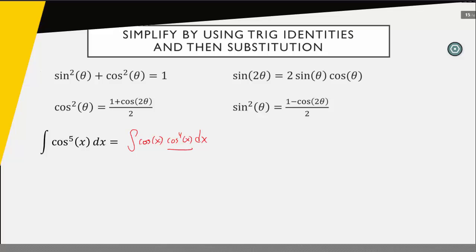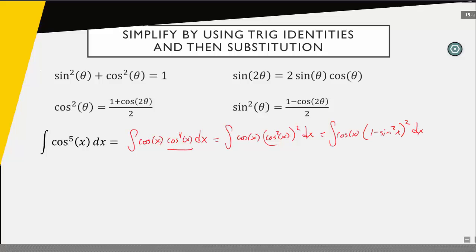It doesn't really matter that I don't have any extra sine pieces. This is still a useful technique for integrating something where we have an odd power of one of the trig functions. So just to finish this up, we have the integral of cosine of x times cosine squared of x, quantity squared. Then this will be the integral of cosine of x, and we'll use our Pythagorean identity. This is 1 minus sine squared of x, quantity squared.